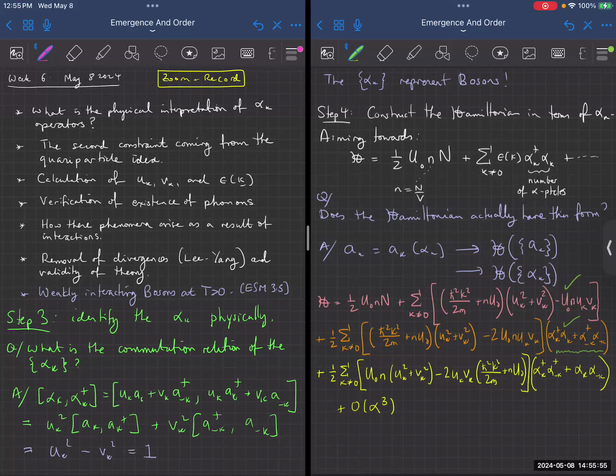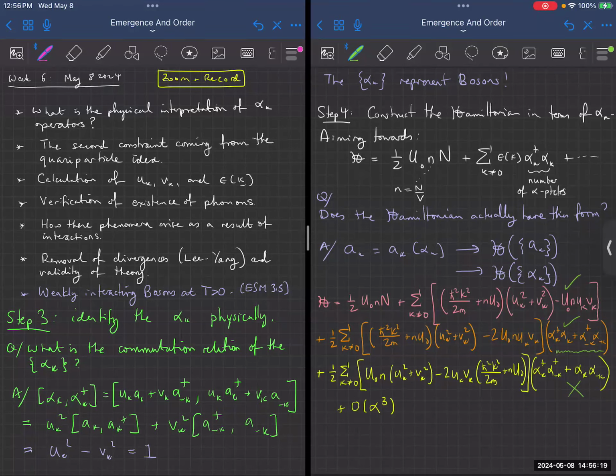And then we have a third term, which has a bunch of u's and v's, which we don't know what they are yet, and then it has a term alpha k dagger alpha minus k dagger. This term is some kind of anomalous term, and this term we do not like at all. We have no interpretation of what that means.